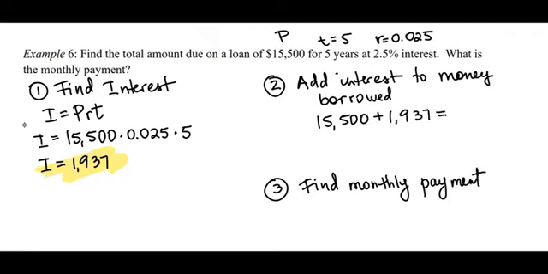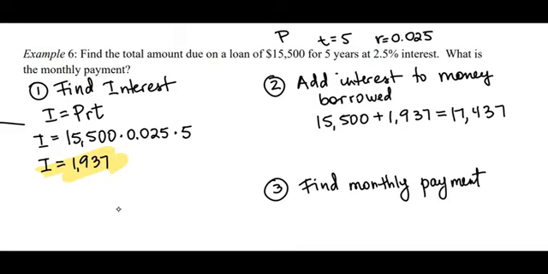The total cost of this loan is 17,437, which is the total amount of the loan.